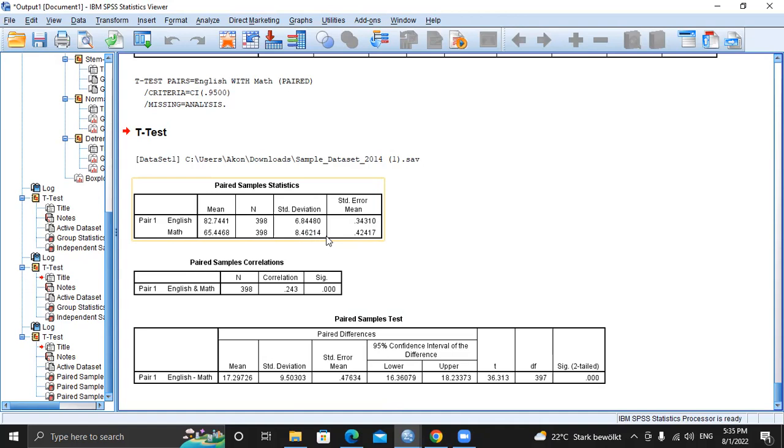So in a setting where we have so many similarities in performance or in scores, the standard deviation will be lower. So we normally expect that the standard deviation should be lower for English compared to maths, right?